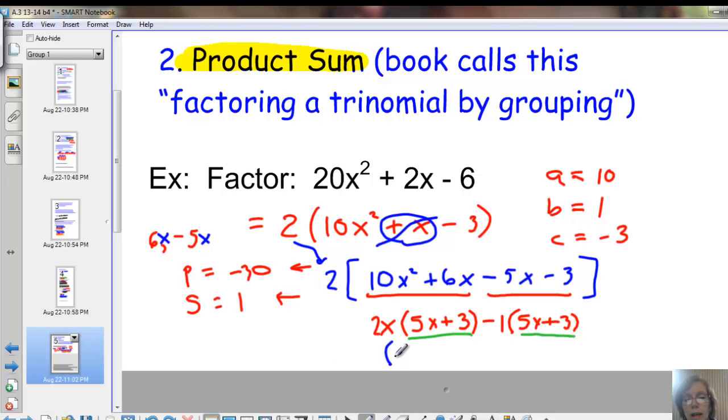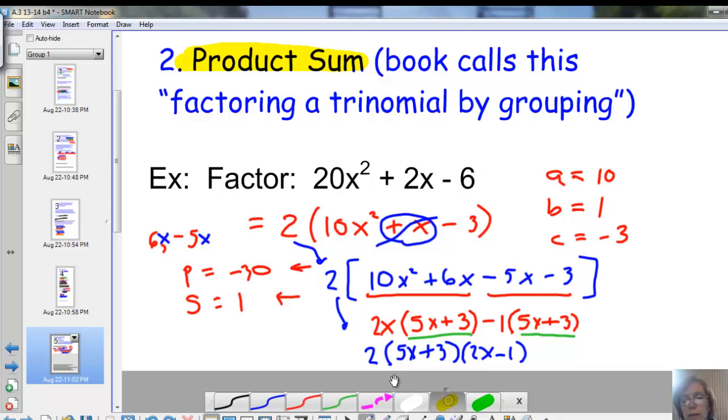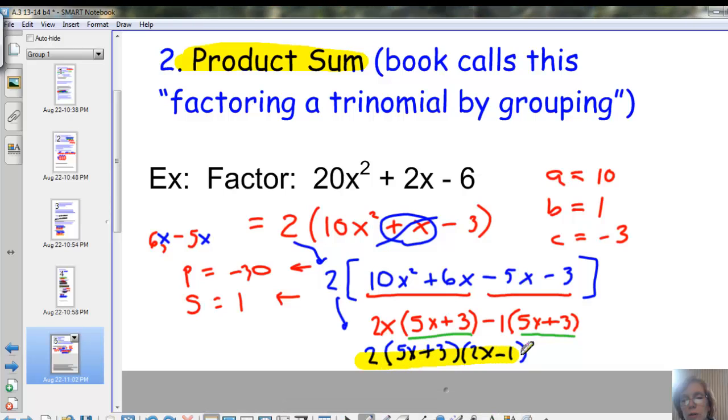So we are going to have 5x plus 3 times 2x minus 1. And don't forget we had this 2 along for the ride. So I'm just going to write that out in front. And then this is going to be our answer in factored form.